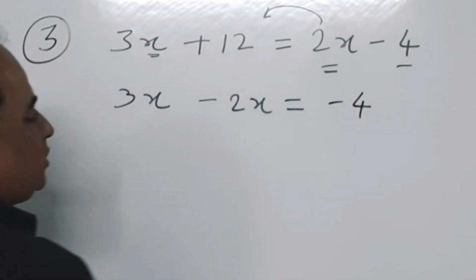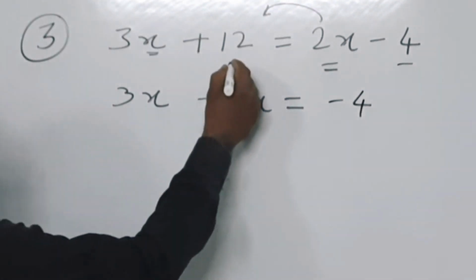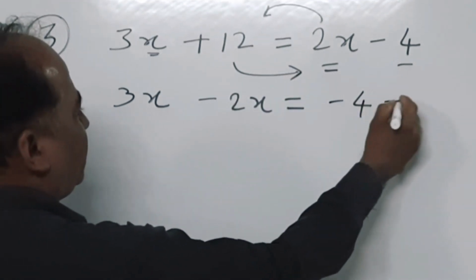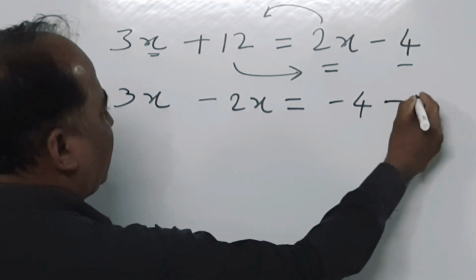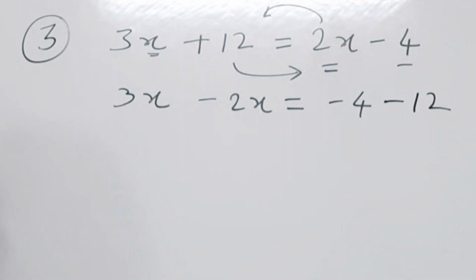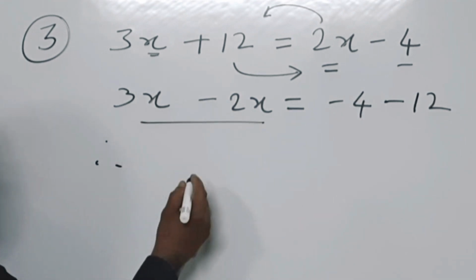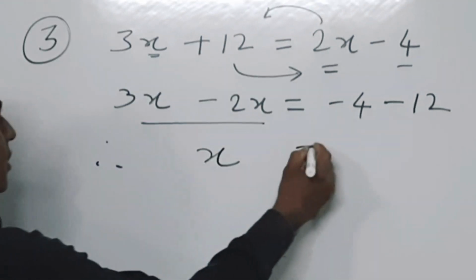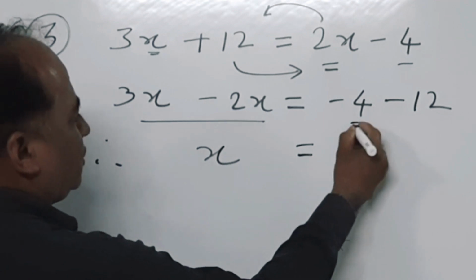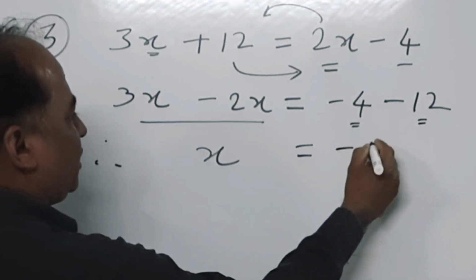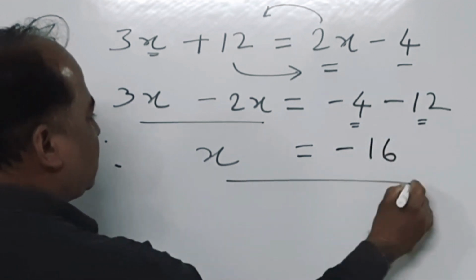The 12 will come on the right hand side and become minus 12. Therefore 3x minus 2x is equal to x, and minus 4 and minus 12 are both negative, so we add them, it is equal to minus 16.